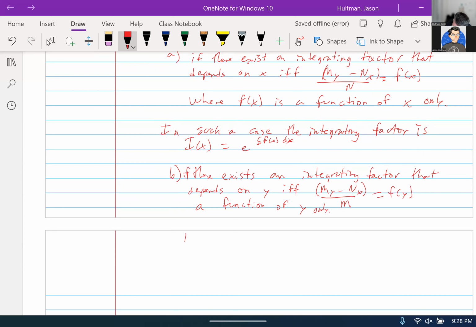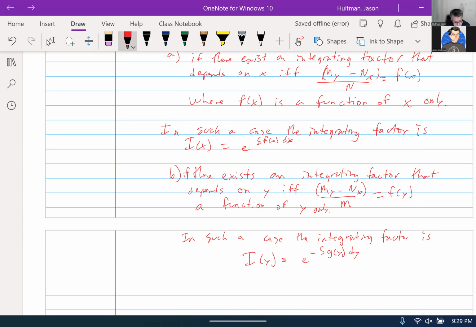in such a case, the integrating factor is, and make sure you catch this, I of y equals e to the negative integral of g of y dy.